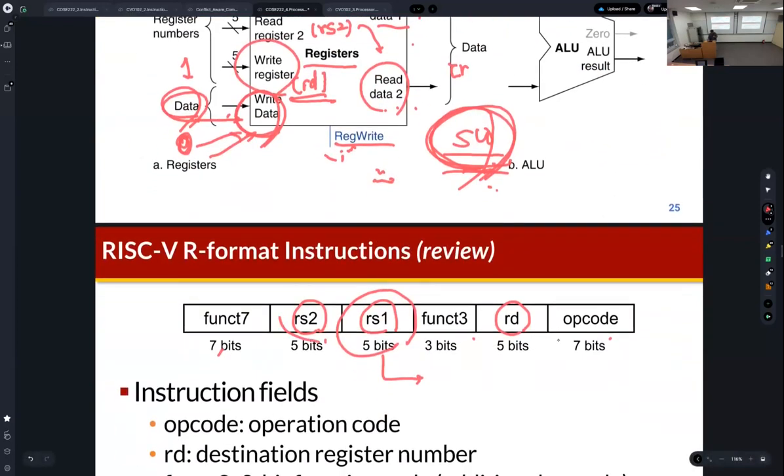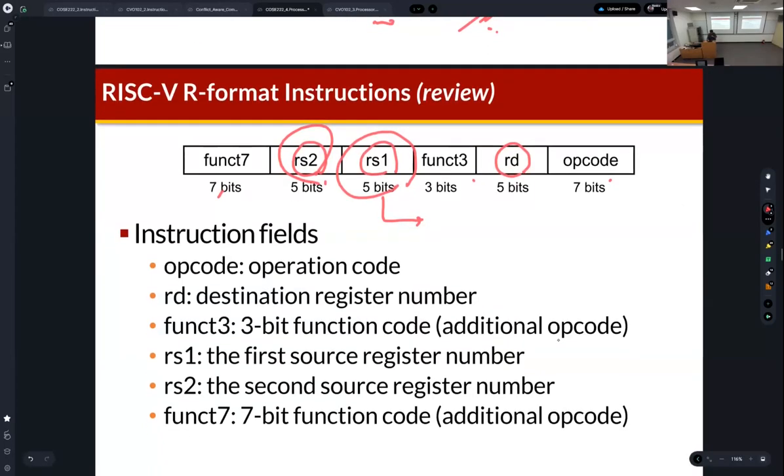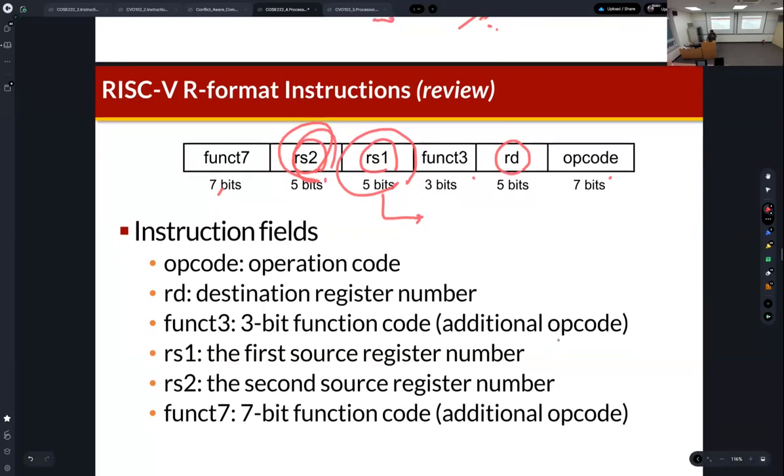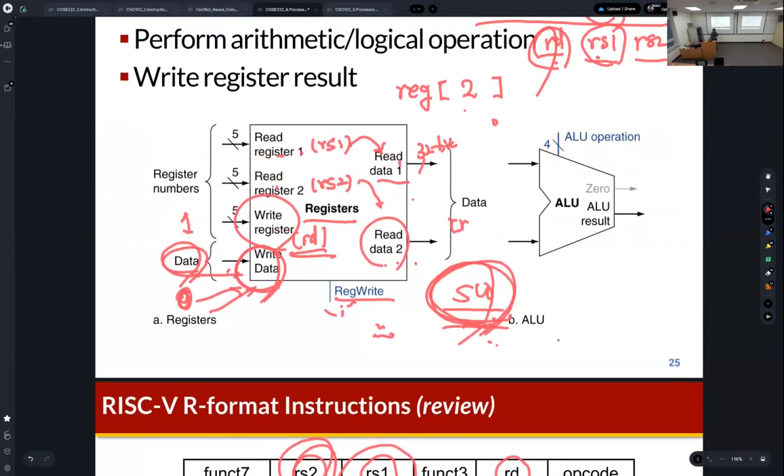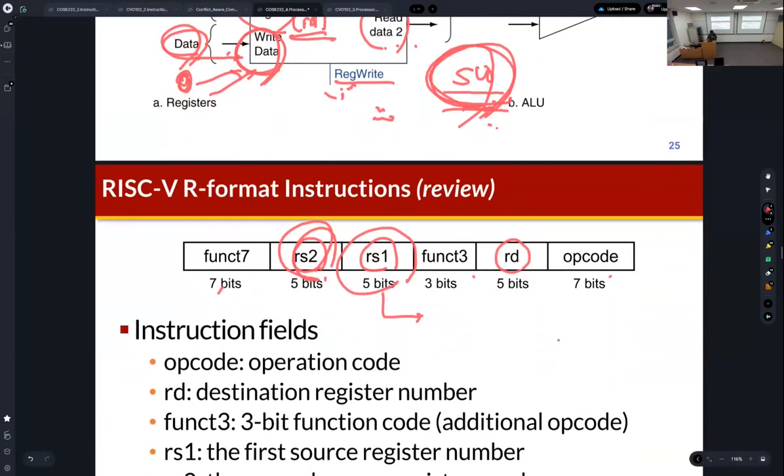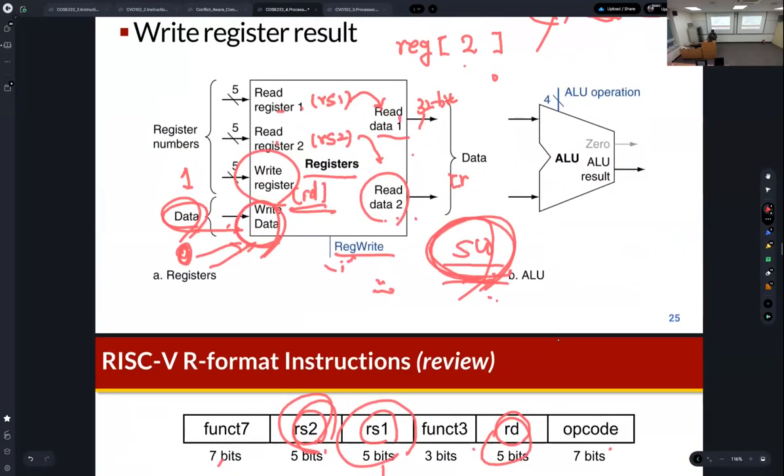And then RS2 is given to the read register 2 port of the register file. Okay. And then RD is also given to the write register port. Right.